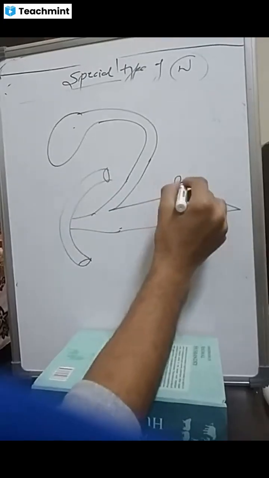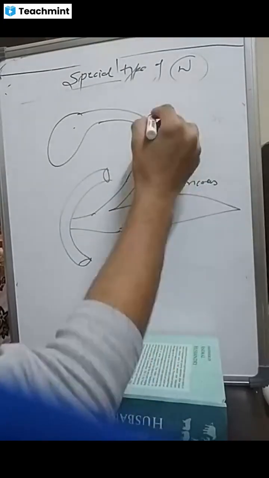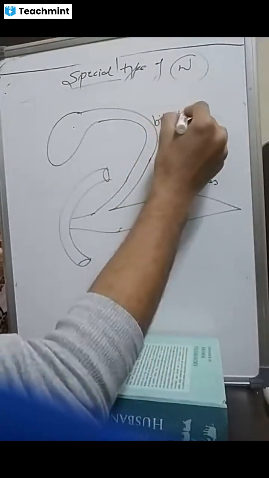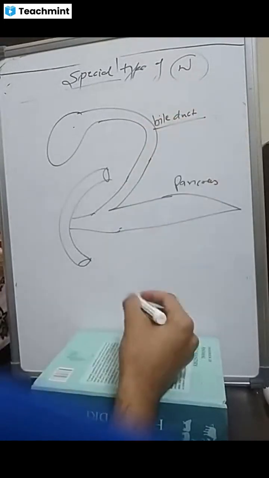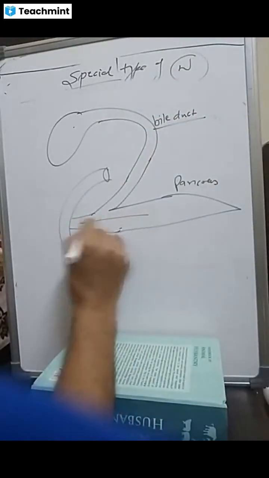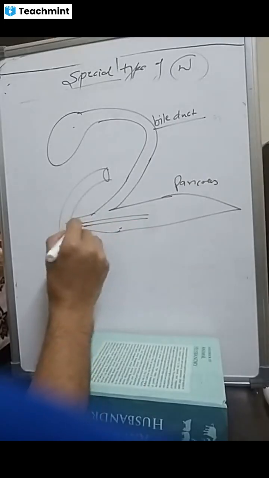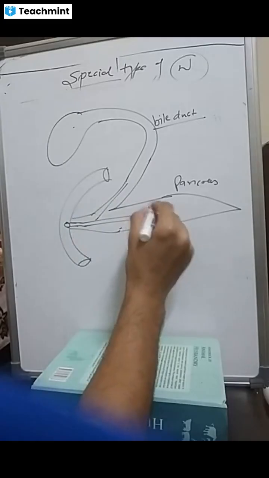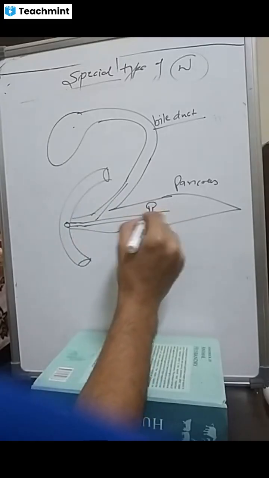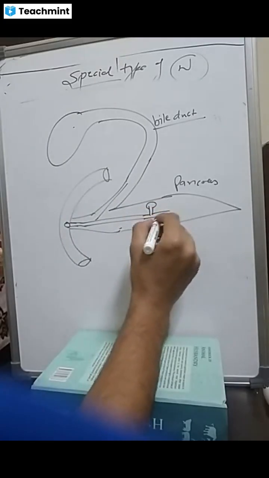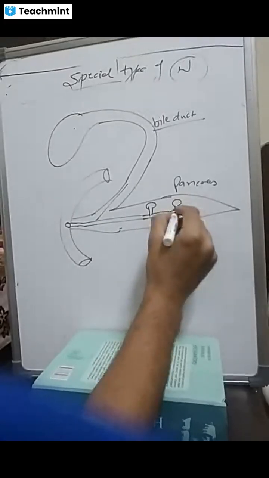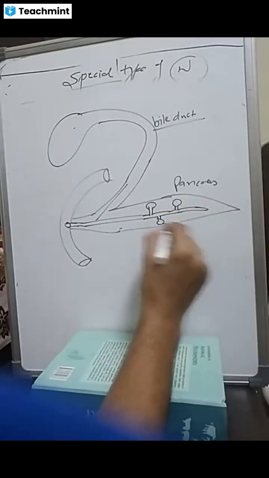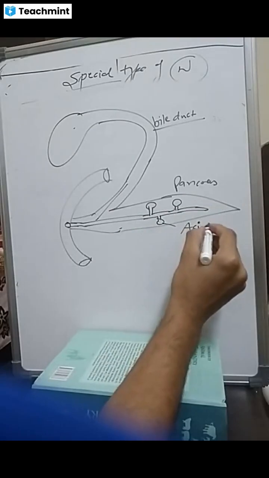So this is your pancreas and bile duct. In case of the pancreatic duct, there are some structures. These are known as acini.